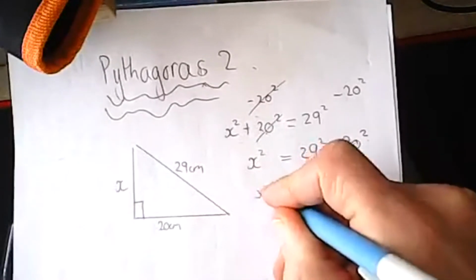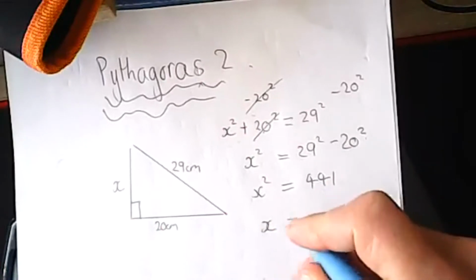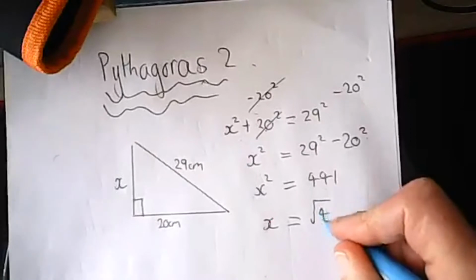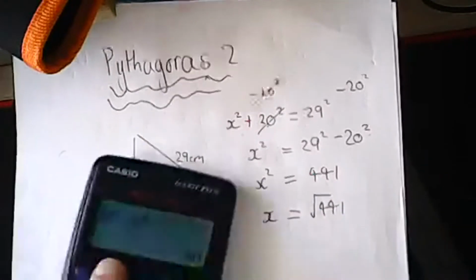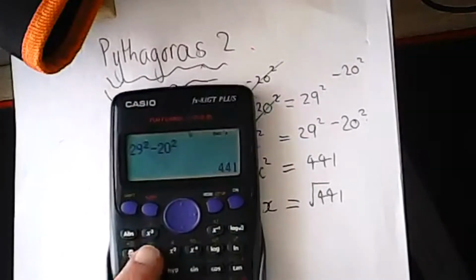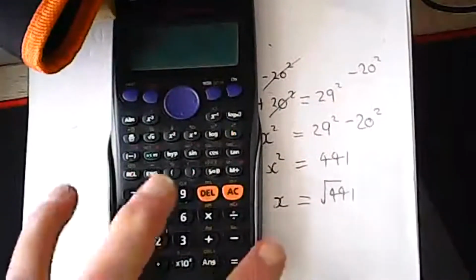And then the really important thing at the end there is to take the square root, which basically undoes the square of both sides. And I've got that still in the calculator, which is handy, so I can do the square root button of the previous answer. The answer button there is quite handy.